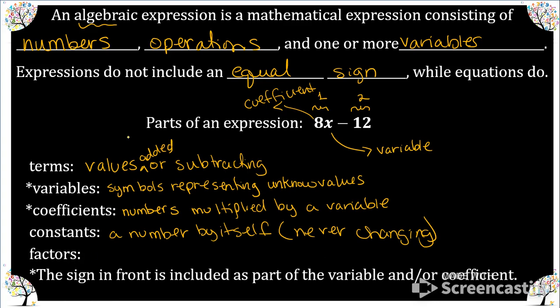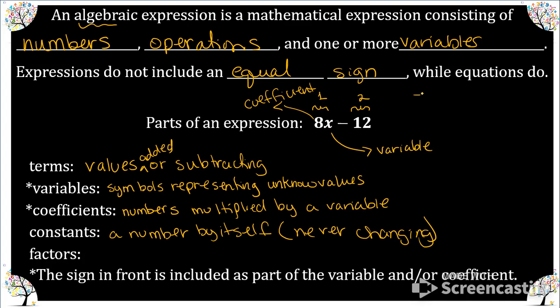Before we get to factors, let's look at variables and coefficients and this little caution at the bottom. The sign that is in front of a variable, a coefficient, or a constant belongs to that term. So in this example, 8x is positive, where this 12, this constant, is really considered to be negative 12.